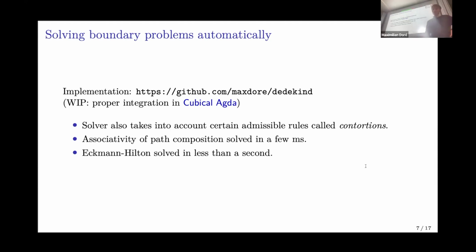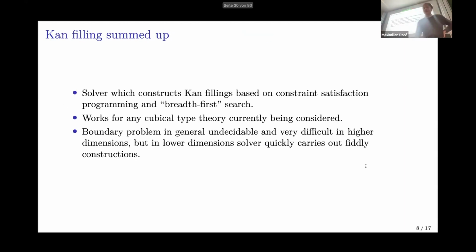So some non-trivial results we can solve. As a quick recap of this first half, we can say that with some fairly basic algorithmic techniques, we can already resolve this fiddly, not very easy reasoning principle from the beginning.